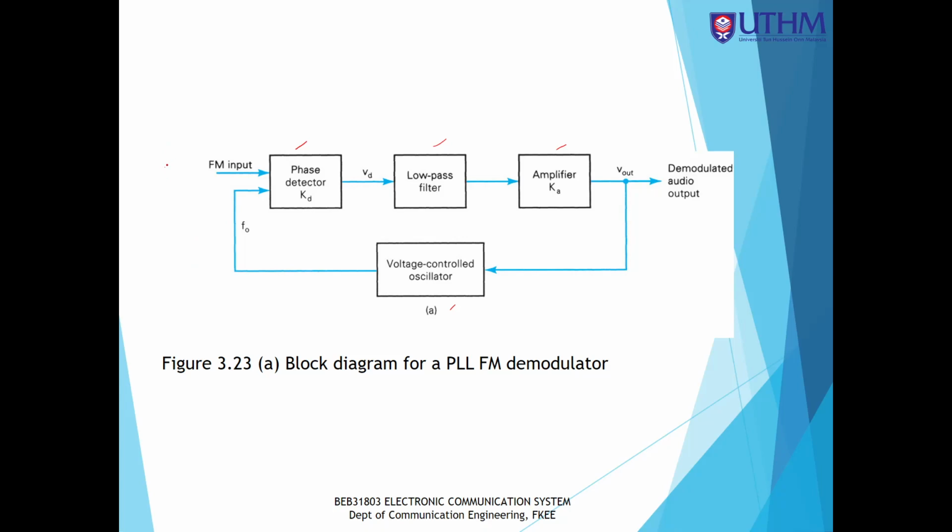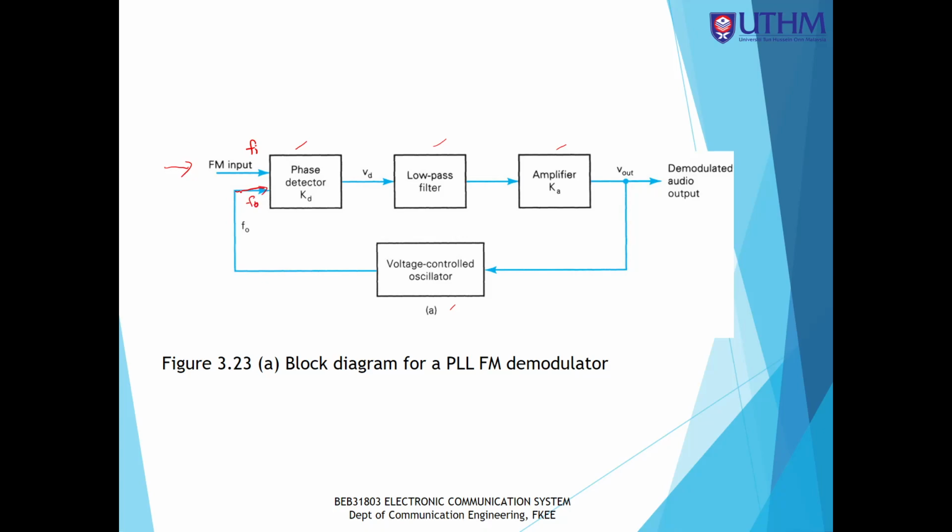Here is an FM input. The input here is an FM signal, which means the input changes in terms of frequency. For example, here is Fi, the input frequency, and Fo is the output of the VCO.